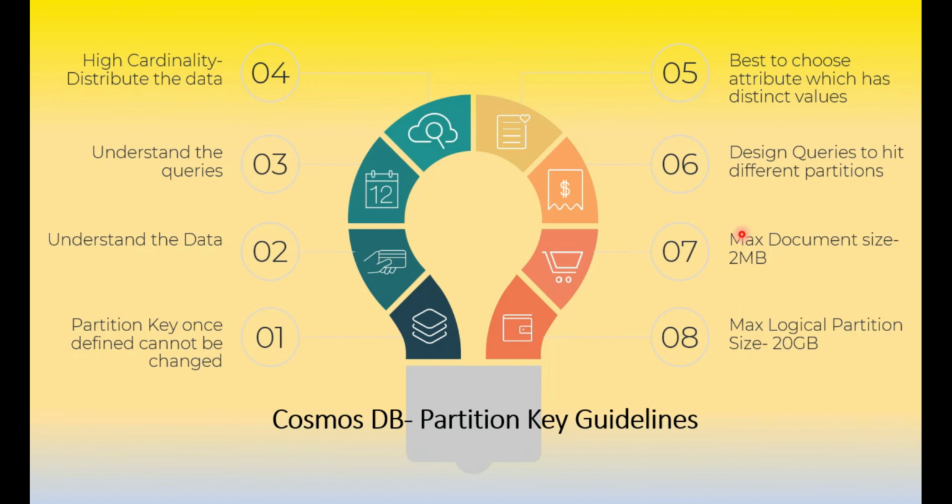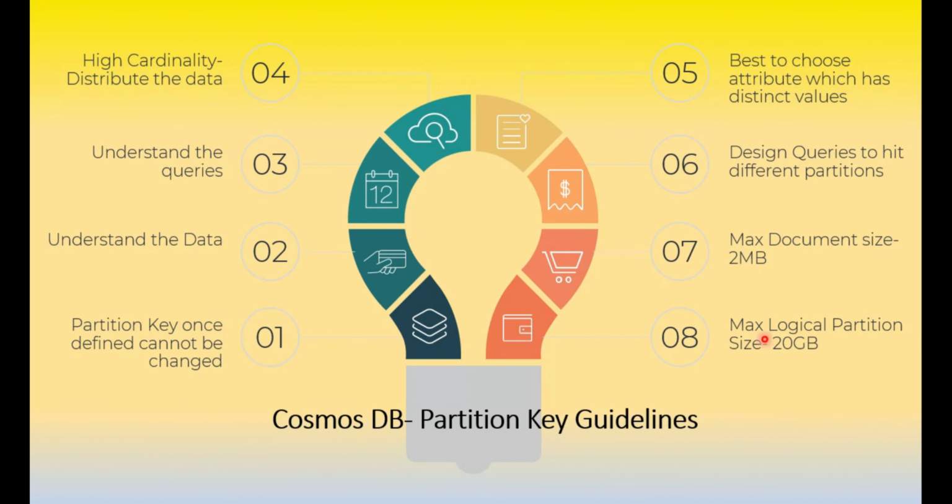And the maximum data size. What we're talking about is the document size. When I say document size, each record, or each item as we call it in Cosmos DB, should not exceed 2 MB. Also with respect to the logical partition, we cannot control this, as it happens behind the scenes.